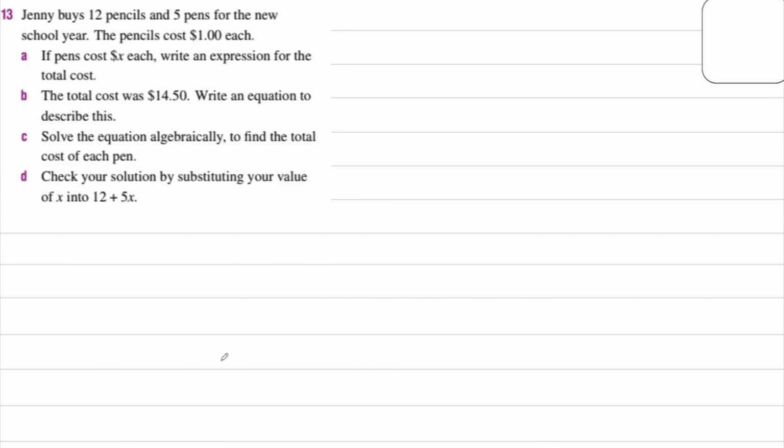The next one is question 13. Ginny buys 12 pencils and 5 pens for the new school year. The pencil costs $1. If the pen costs $H, write out the expression of the total cost. Okay, 12 pencils. One pencil costs $1. Yeah, 12 multiplied by 1. How about pens?